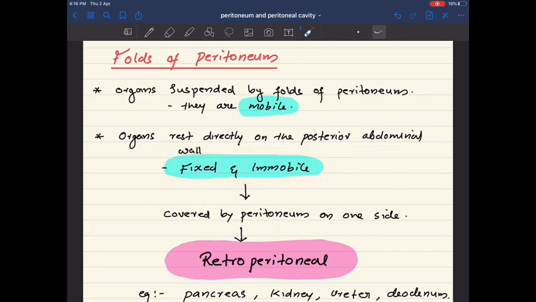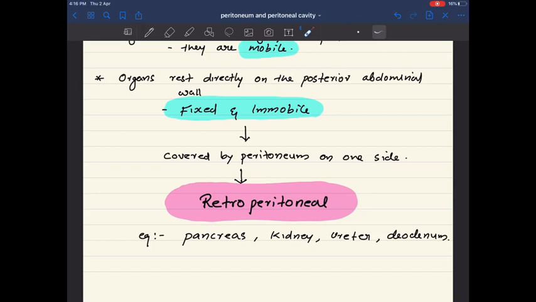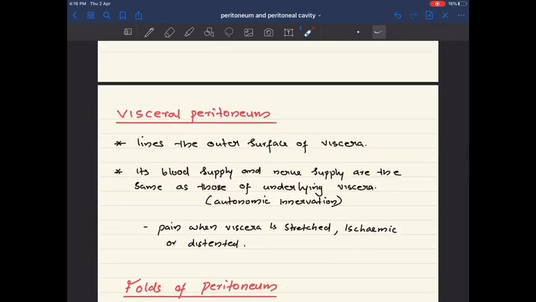It's fixed in the posterior abdominal wall, so it can't move inside your abdominal cavity. So those organs are covered by peritoneum only on one side. Okay, these organs are called retroperitoneal organs.